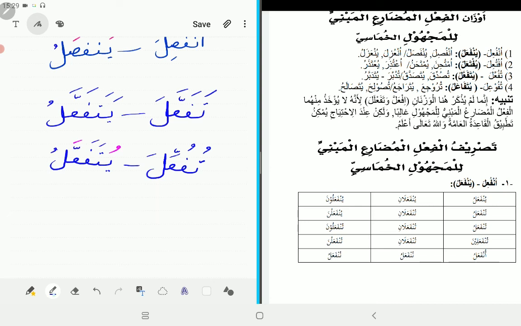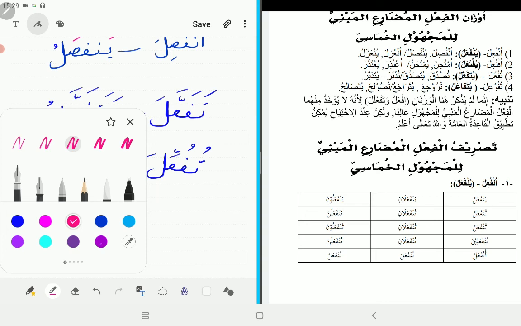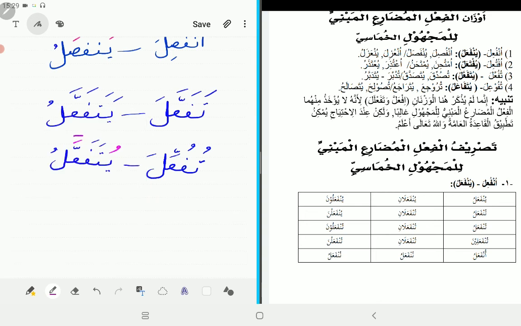Now here, if you look at this point, it's exactly like this. So there's no real change that entered here. When the verb starts with a ta, and it's a 5-letter verb, you don't have to make any changes to the second last letter as you've been making throughout these other scales, because the second last letter takes a fatha. But on those other scales, it takes a kasra.